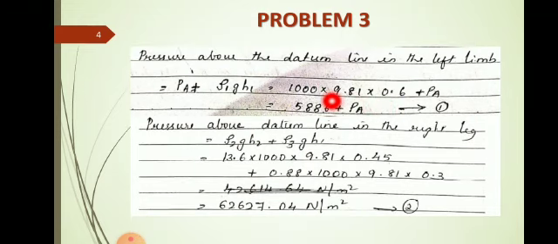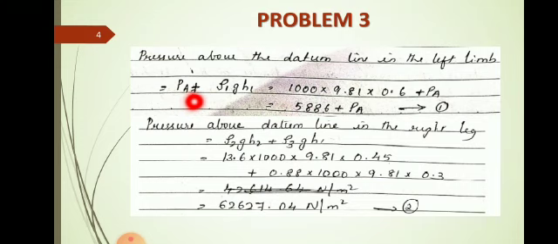Pressure above the datum line in the left limb will be equal to PA plus rho 1 g h1. PA is given as such because it is an unknown. Then rho 1 is the density of the liquid in the pipeline, which is 1000, g is 9.81, and h1 is the height of liquid above datum in the left limb, so into 0.6.